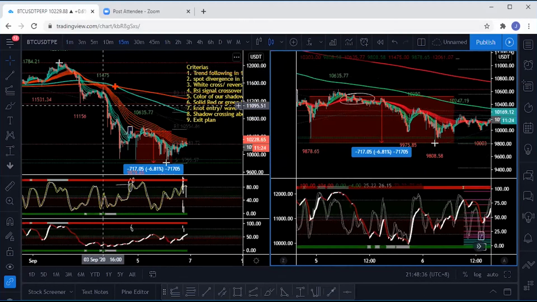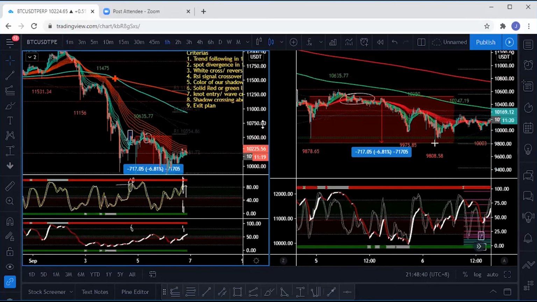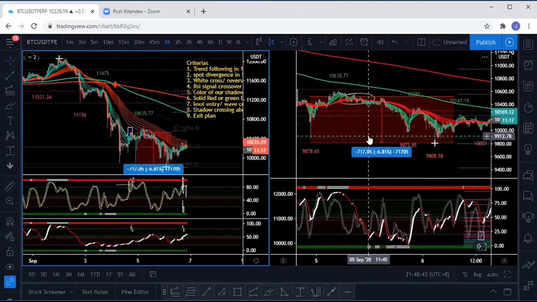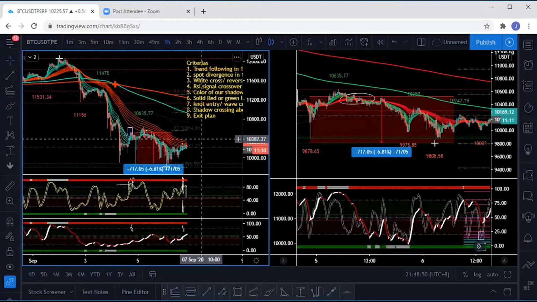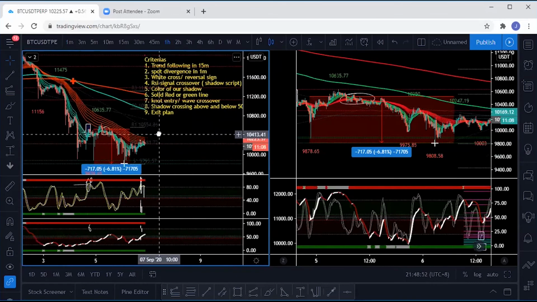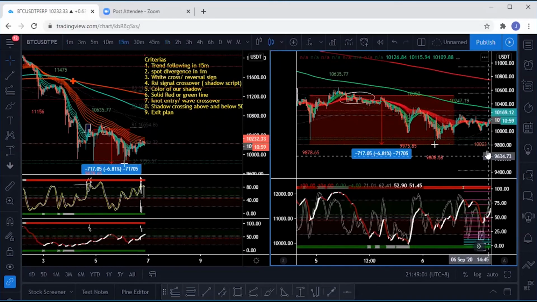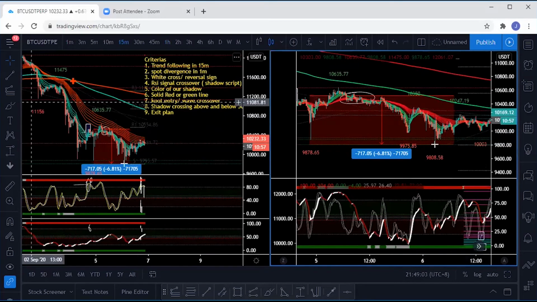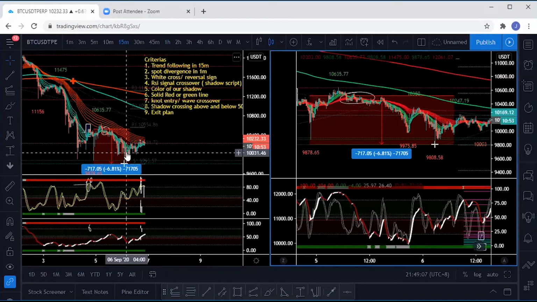Why in 15 minutes? Because 15 minutes can affect the movement of our 1 hour time frame. When there is a divergence in 15 minutes or there is a trend in 15 minutes, it actually affects our 1 hour time frame. So if this is a bearish div and then there is a bullish div in 15 minutes, basically our price is going up.